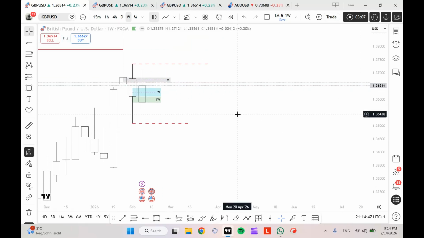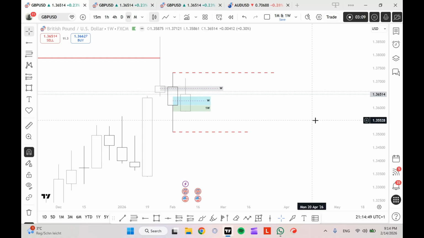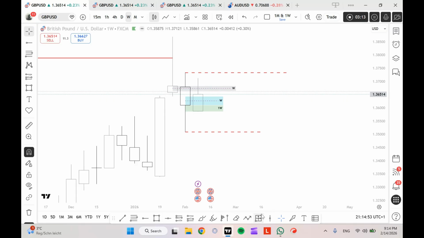So, two main scenarios on the weekly time frame. At this moment the price is between this order block and this imbalance, or this gap.